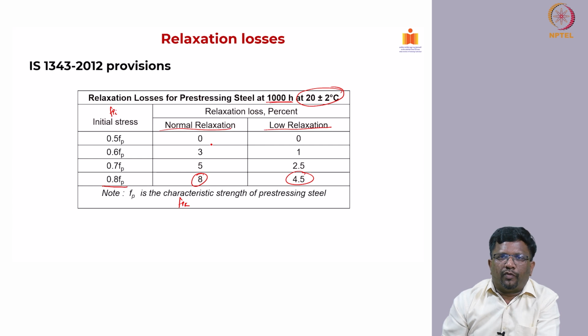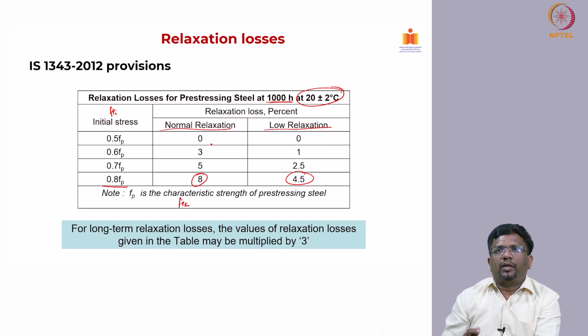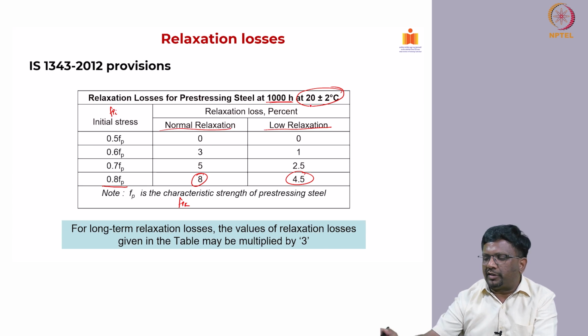So that means one way for us to reduce the relaxation loss is to not get very close to the yield strength or characteristic strength. That is the reason there is a maximum limit enforced by the code on the initial stress that you can apply to the pre-stressing steel. But please note that these are all the values for 1000 hours at this temperature.